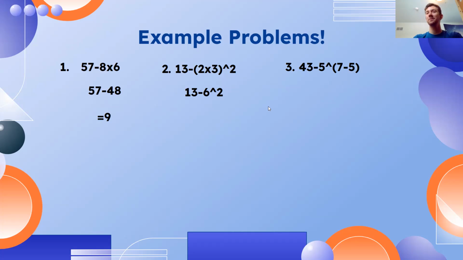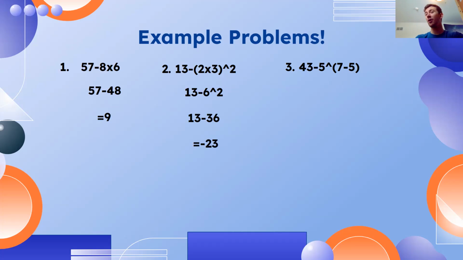Anyone know the next step? Child 1, do you have any thoughts? Is it exponents? It is exponents. Very good. So we're going to see we have 13 minus 36, and then again, just one step. So our final answer is negative 23.